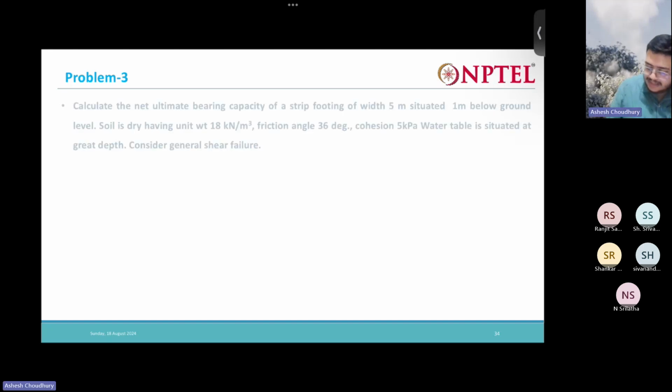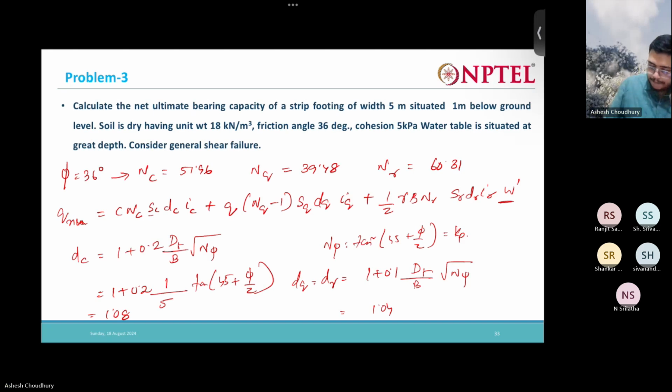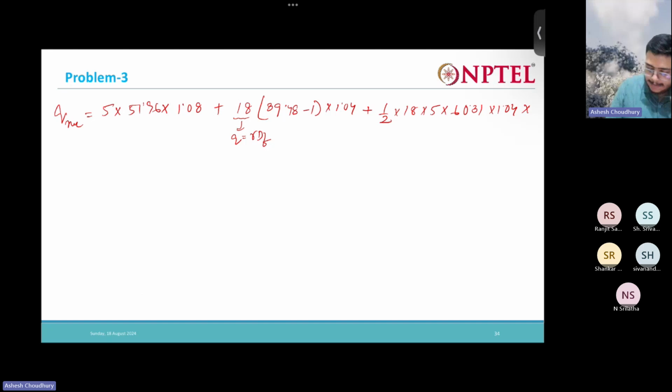And what will be this W dash? 1. Why? Water table is at great depth, beyond depth of DF greater than B. Yeah, correct.